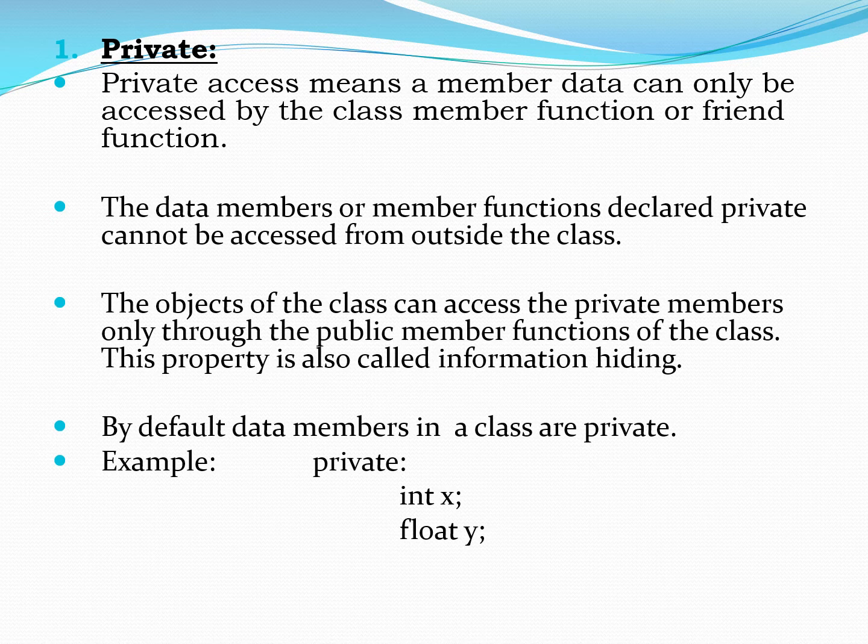By default, all the data members in a class are declared as private. For example, in private we can declare n number of data members and member functions. Once you have declared any member data or member functions in private, they cannot be accessed from outside the class. Only a special function called a friend function can access the private data.